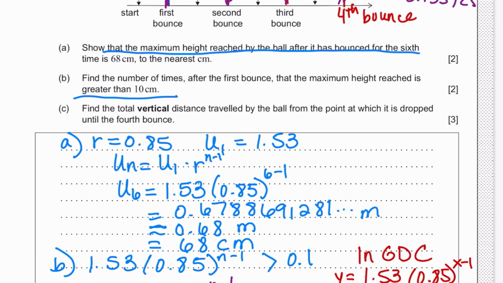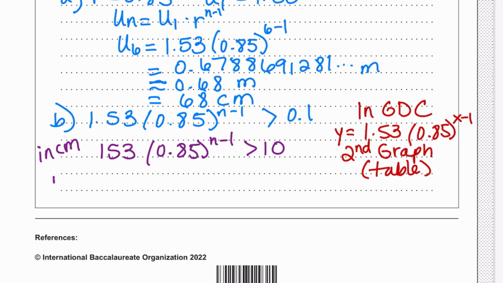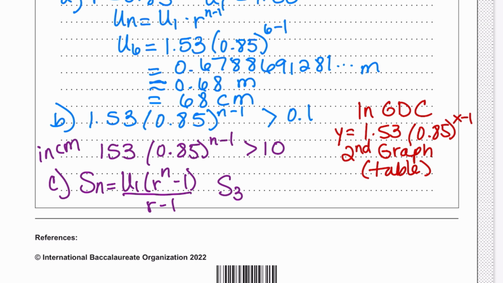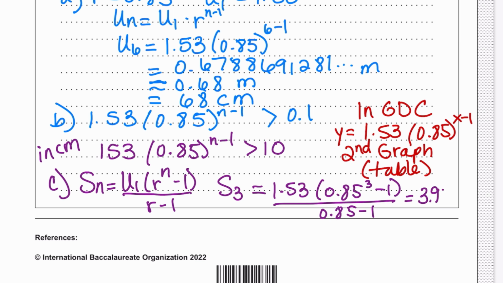So for part C, again, the formula is Sn equals u1 times r to the n minus 1 all over r minus 1. We want to find the sum of what happens during those 3 bounces, which is 1.53 times 0.85 to the third power minus 1 all over 0.85 minus 1. In the calculator, this gives us 3.9359 and so on.